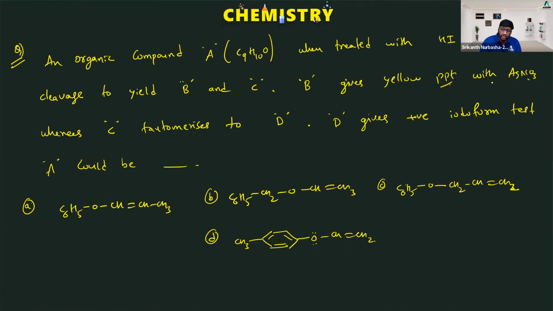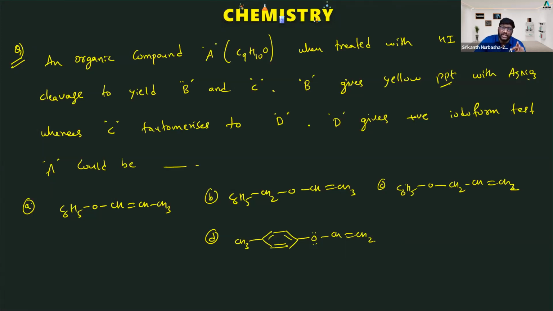B giving a yellow precipitate with AgNO3 means what conclusion can I derive? B should be releasing iodide ion, because AgI is going to be formed. Whereas C tautomerizes to D, which means C should have an enol system. D gives a positive iodoform test, which means D should contain a CH3 C double bond O group.